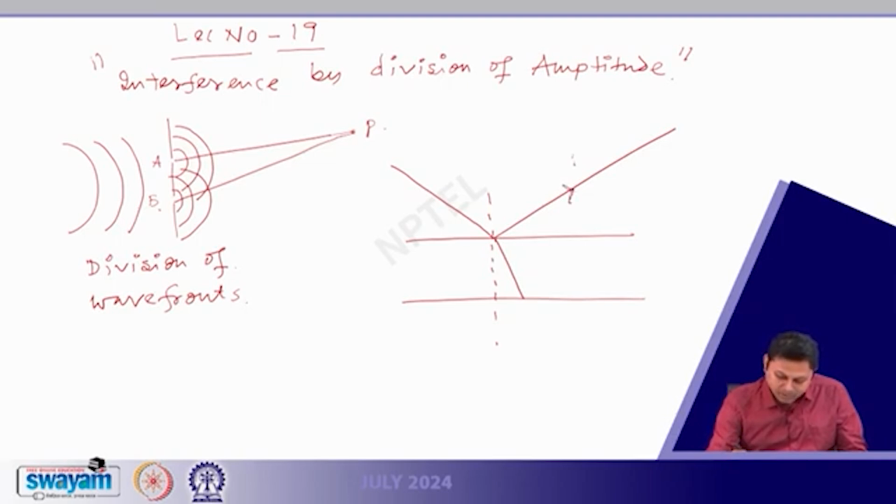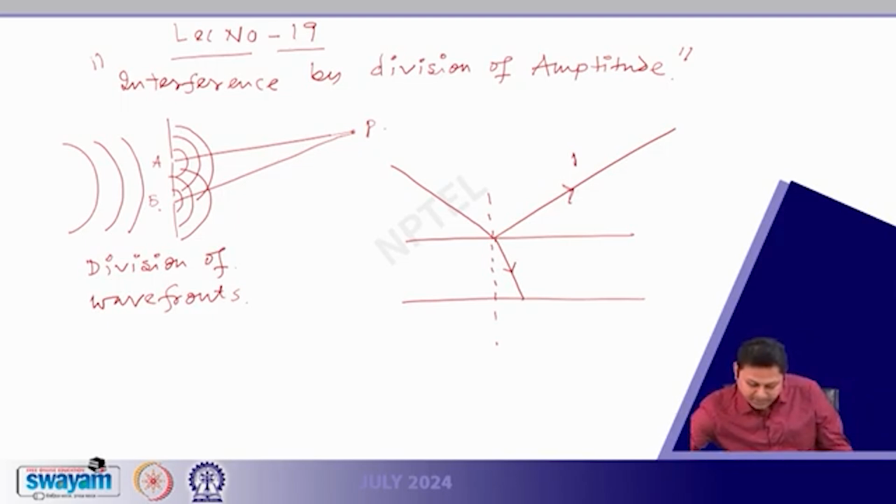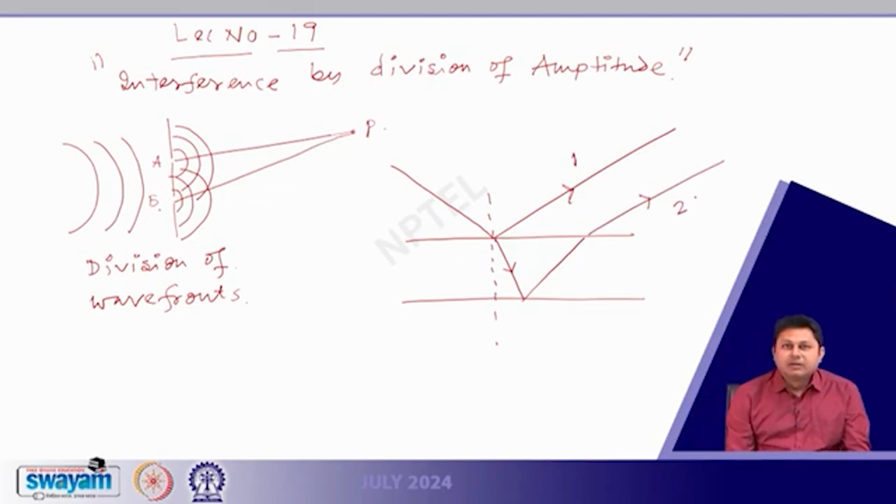This is ray number 1, which is reflected, and this ray which is refracted will again reflect from this point and get refracted like this. This is ray 2. So, I have ray 1 and ray 2, and if I put a screen here, they can interfere with themselves.